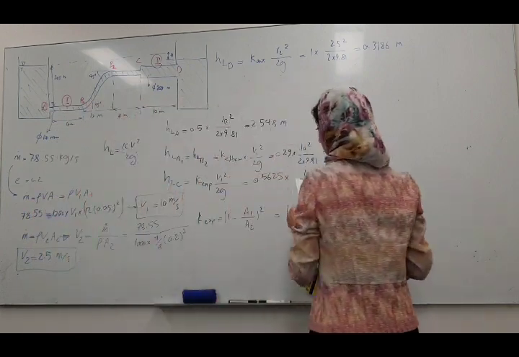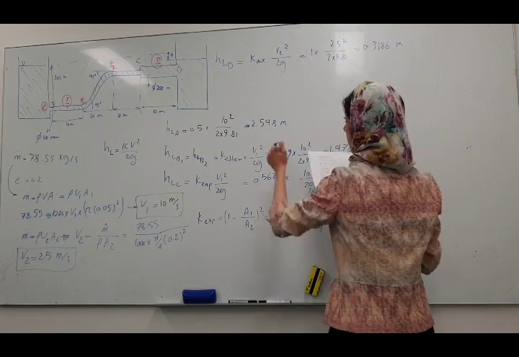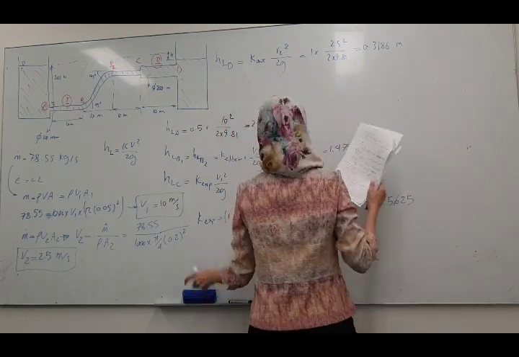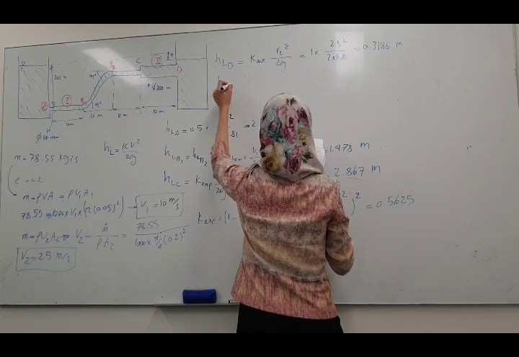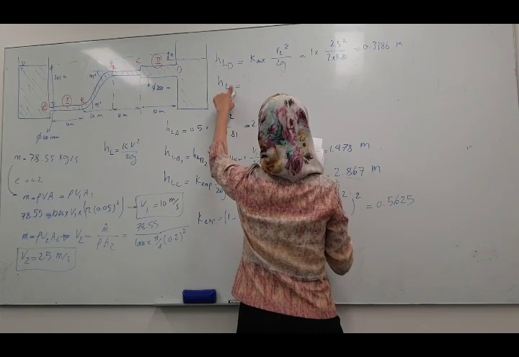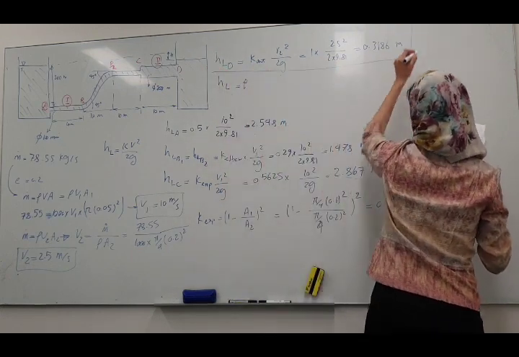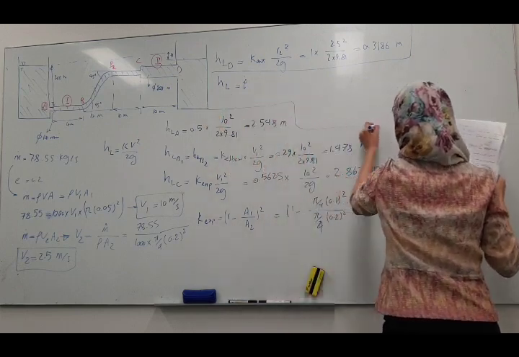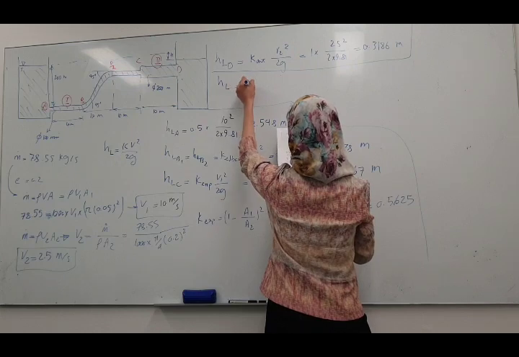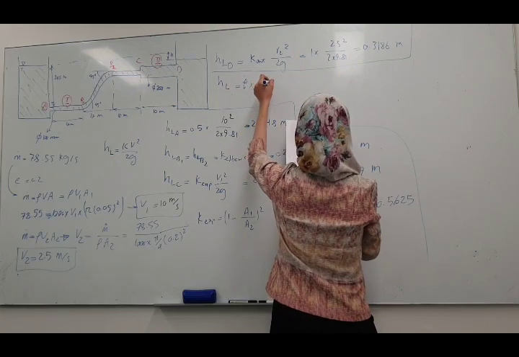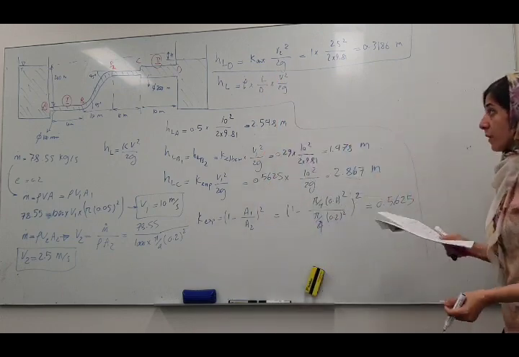So the formulation for head loss in a pipe is equal to, maybe I can write it in the middle, F times L divided by D times V squared over 2g, if the flow is turbulent.